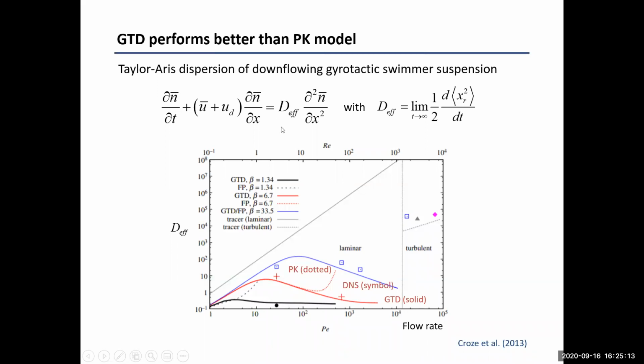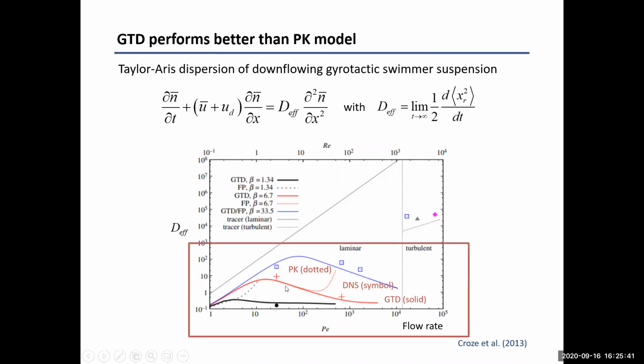directions. To get this effective diffusion, they used the Pedley and Kessler model, here called FP, and also generalized Taylor dispersion theory. They also did DNS by putting in lots of individual particles, which obey the equation of motion that I introduced. So let me zoom into this particular part, and let me draw your attention to these red curves.